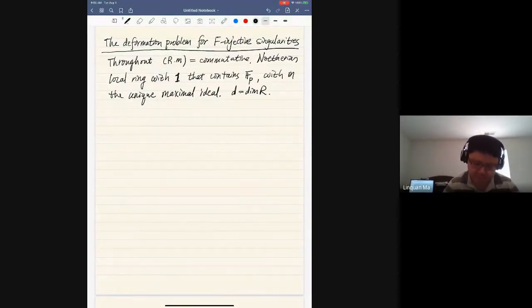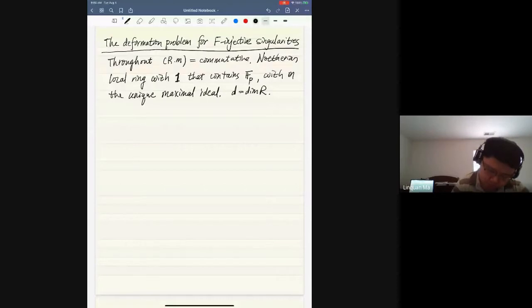Throughout my talk, R is a ring, and I'm always going to use this notation. It's a commutative Noetherian local ring with multiplicative identity 1 that I always assume has characteristic p. Little m is the unique maximal ideal, and d is always the dimension of the ring.